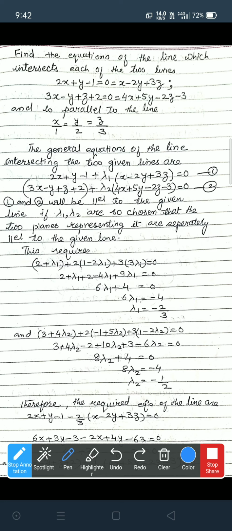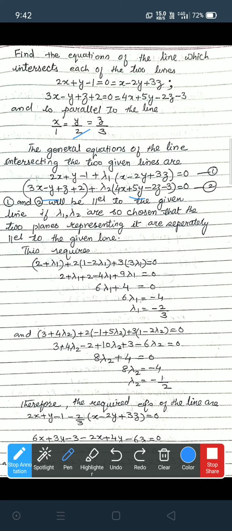Similarly, it is parallel separately to this line. So we have 3 plus 4 lambda 2. This is 3x plus lambda 2 times 4x. If x is common, then we get 3 plus 4 lambda 2. So this is 1 into 3 plus 4 lambda 2, plus 2 into the coefficient of y: minus y plus 5y lambda 2.